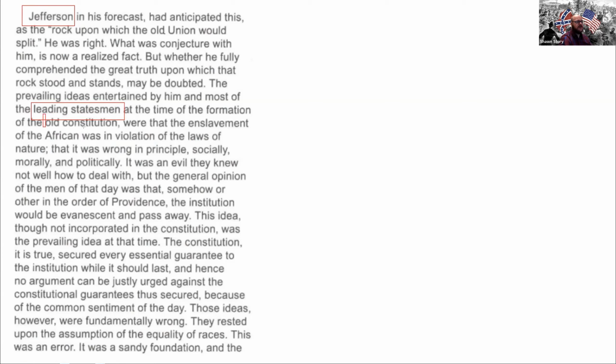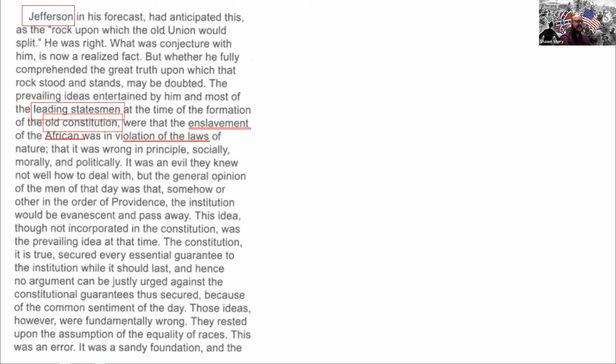So he's talking about the Constitutional Convention, George Washington, Adams, Thomas Jefferson, all of them getting together and creating the Constitution of the United States. They had a view that the enslavement of African people was basically against the law of nature. Like, it was wrong. That we believe that all men are created equal. But they didn't actually put it in the Constitution to abolish slavery at that time.